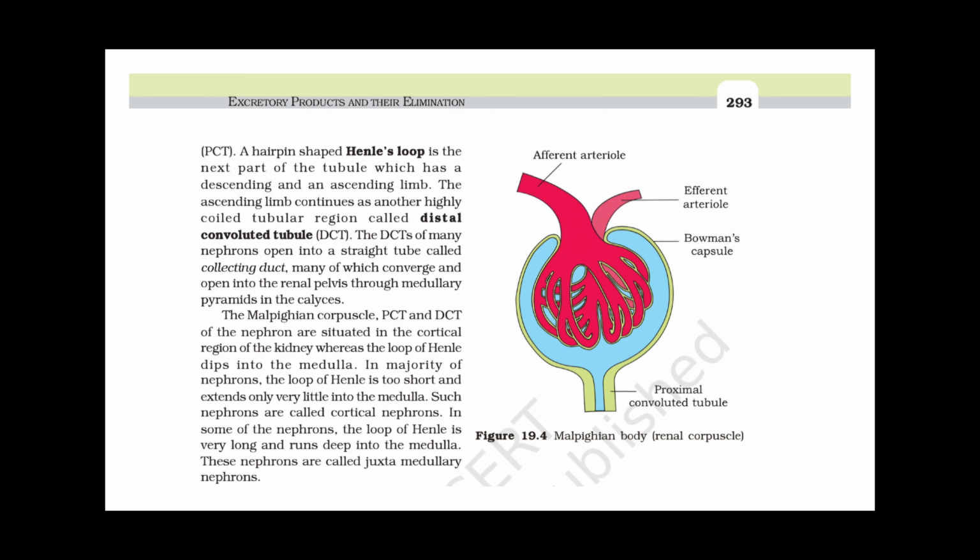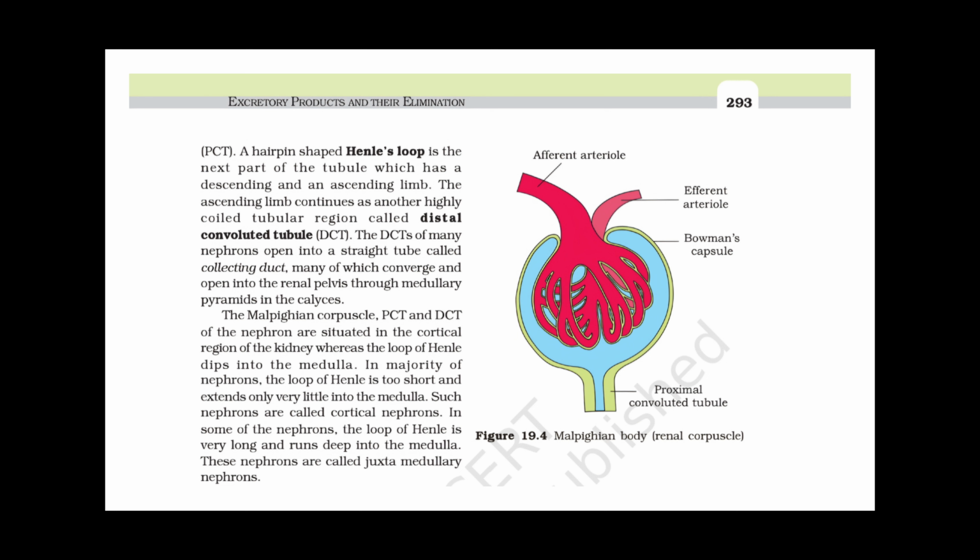The DCTs of many nephrons open into a straight tube called the collecting duct, many of which converge and open into the renal pelvis through medullary pyramids in the calyces. The Malpighian body, PCT, and DCT of the nephron are situated in the cortical region of the kidney, whereas the loop of Henle dips into the medulla.